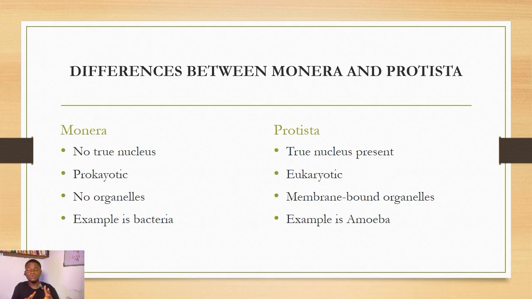Remember, there is no organelle in the cell of the bacteria, all right? Because the bacteria are the chief representatives of the Moneran kingdom. So you can watch that video again, all right? So the protists have membrane-bound organelles, I've explained earlier. So example of Monera is the bacteria, while the example of the protist is the amoeba.